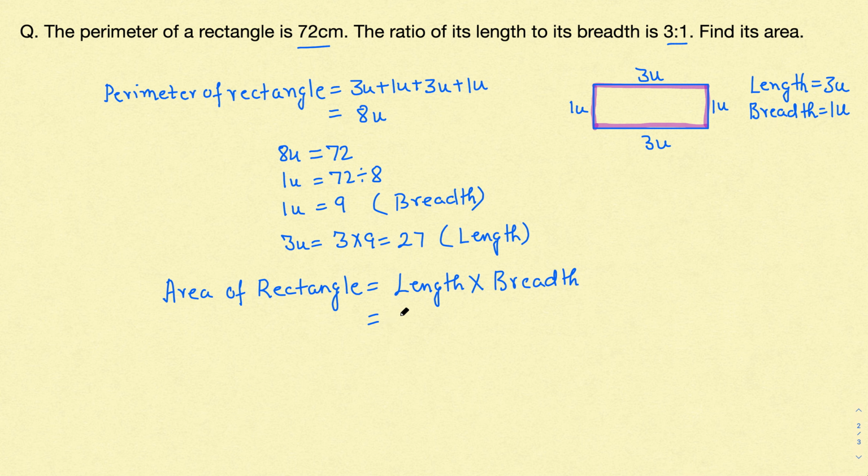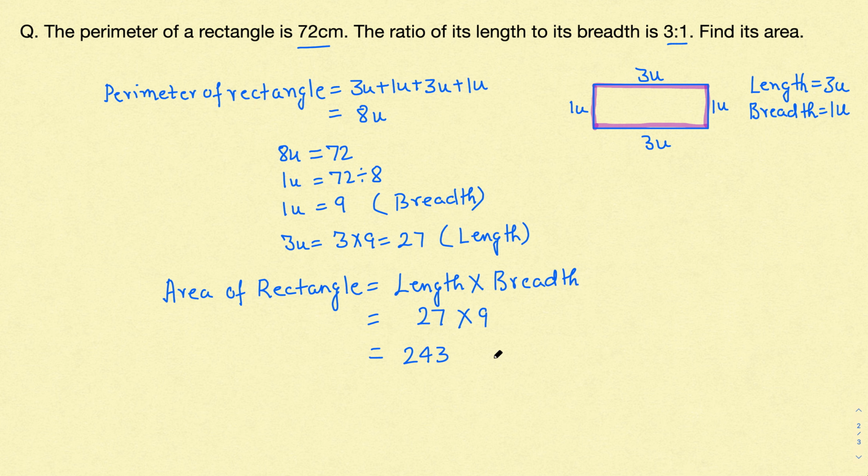Some of the students I have seen just straight away write the length times the breadth, but it's always good to write the formula. Okay, so the length is 27, and the breadth is 9. So the area of the rectangle will be 27 times 9, and that will give you 243.